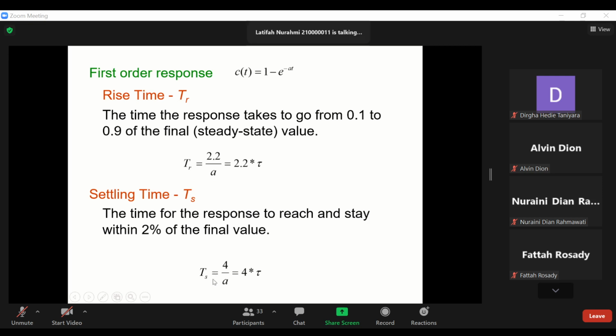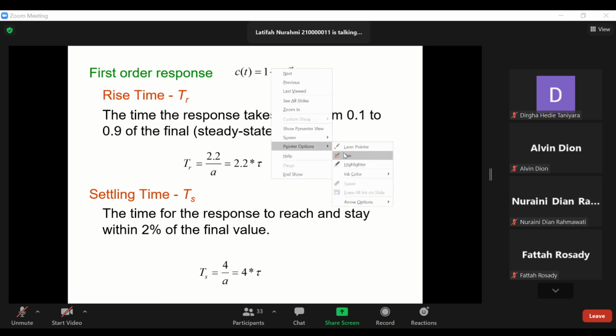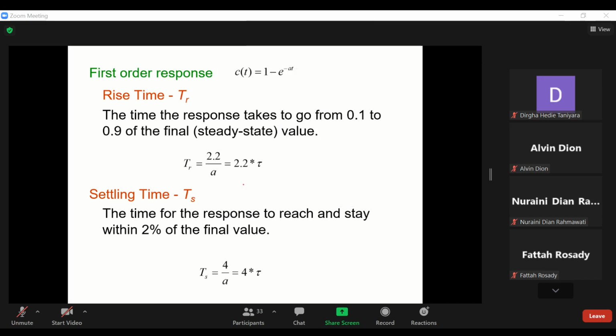For Ts, or settling time, we can define it as 4 by a, where a is the location of the pole, and Tr is the rise time, which is equal to 2.2 by a. So a is simply the pole that you find from the transfer function. Okay, this one and also this. You can find this in the book.